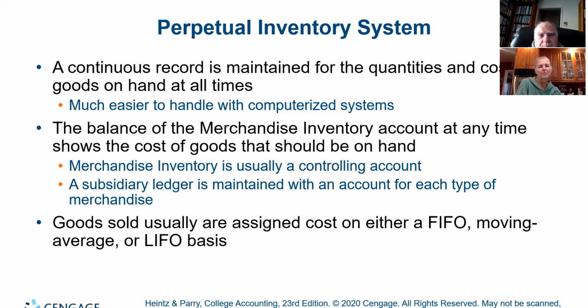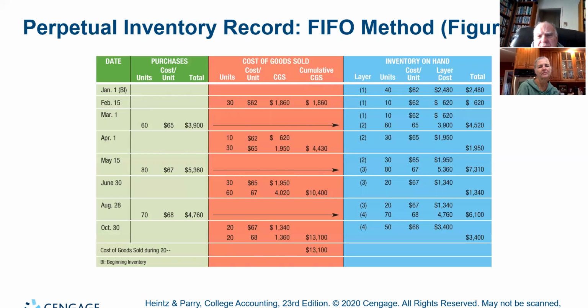Now they're showing you the LIFO FIFO in a perpetual system. We don't want to get too heavily into this, but with the perpetual system, you're not waiting until the end of the month to do all the LIFO FIFO stuff. You're doing it as sales are made. So here they had 40 and they sold 30.